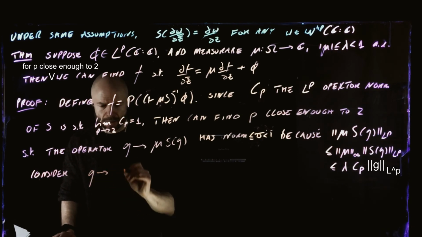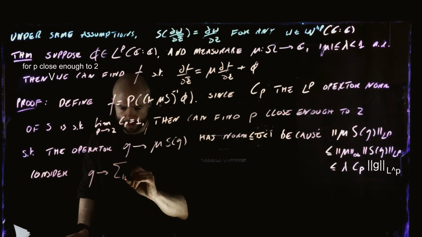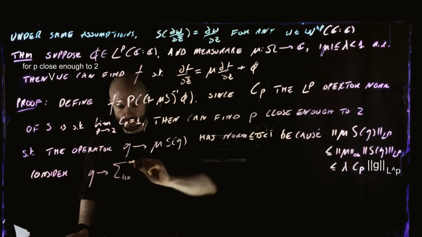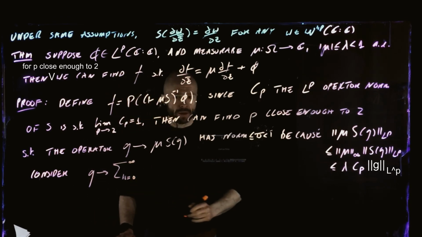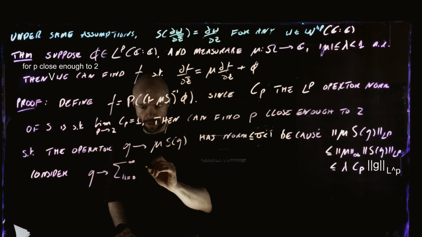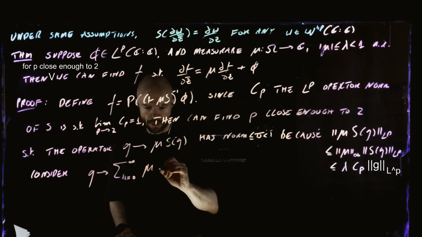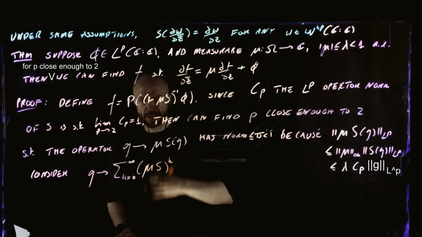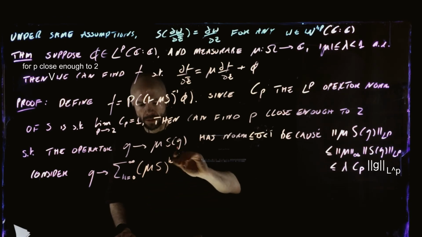So G, which goes from the sum from k equals 0 to infinity of applying this operator. So we're going to write mu of S, and then I'm going to put it to the power k, and what that means is that we're applying it over and over again.